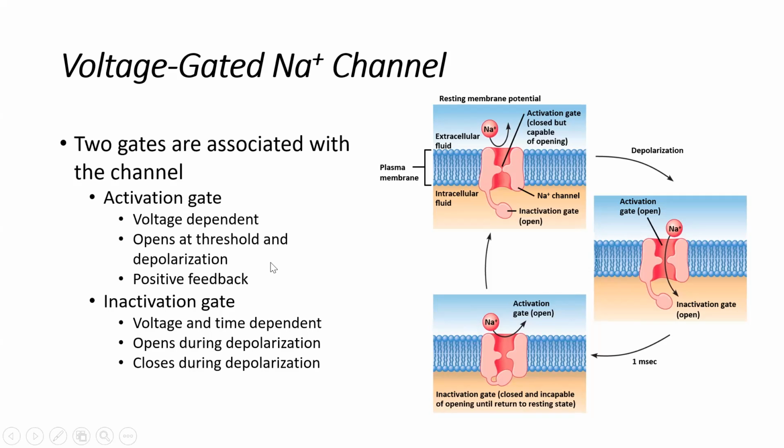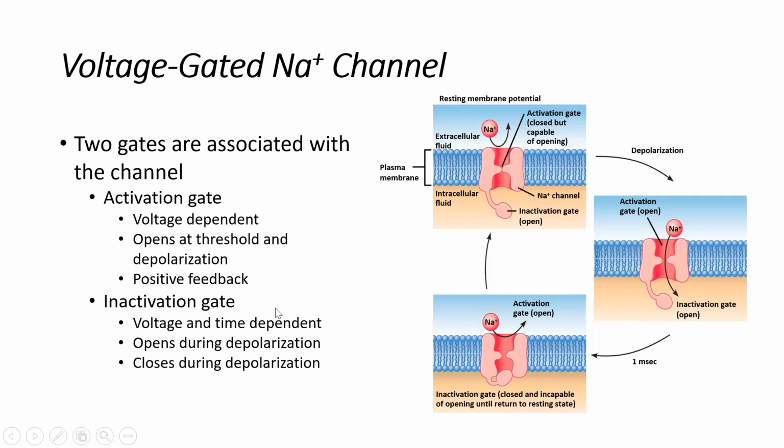That is going to be a positive feedback event, okay? So it's only voltage dependent. So at -55, it'll open up and then it's going to cause more channels to open up and it's going to be a positive feedback change. So moving us further away from set point, further away from that -70 value as sodium rushes into the cell.